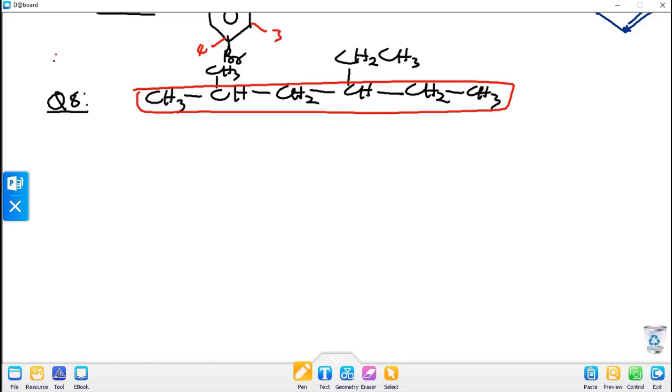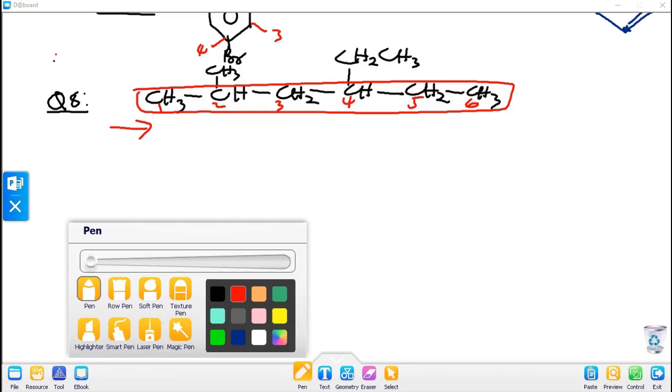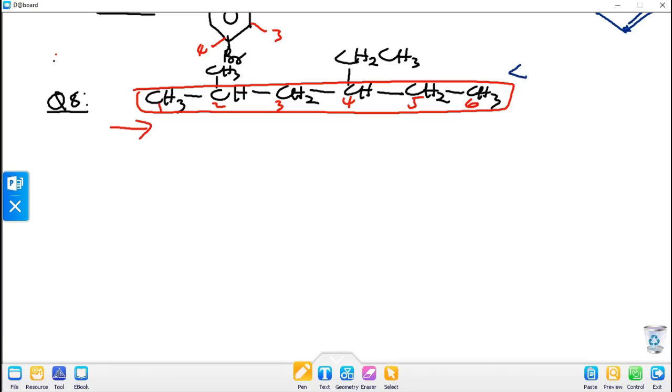And now, where do we take our numbering scheme from? If we go from the left hand side, this will be carbon 1, carbon 2, carbon 3, carbon 4, carbon 5, carbon 6. But if we choose to number our parent chain from the right hand side, this will be carbon 1, carbon 2, carbon 3, carbon 4, 5, and 6.